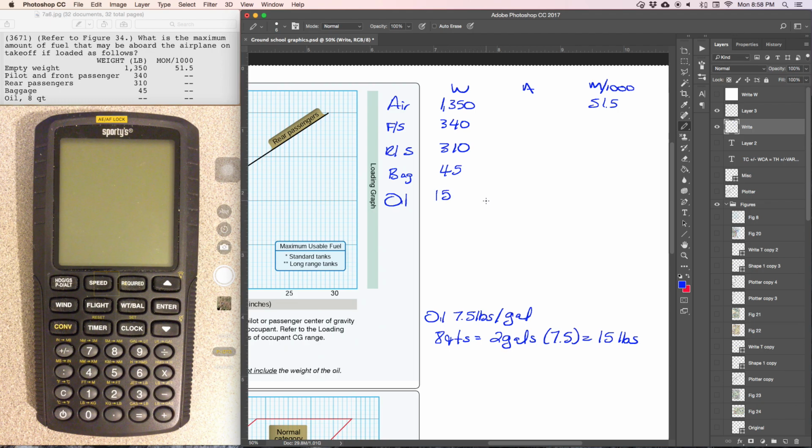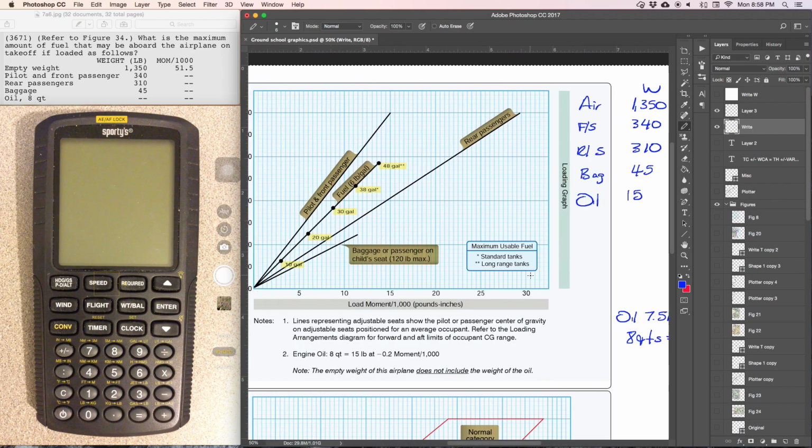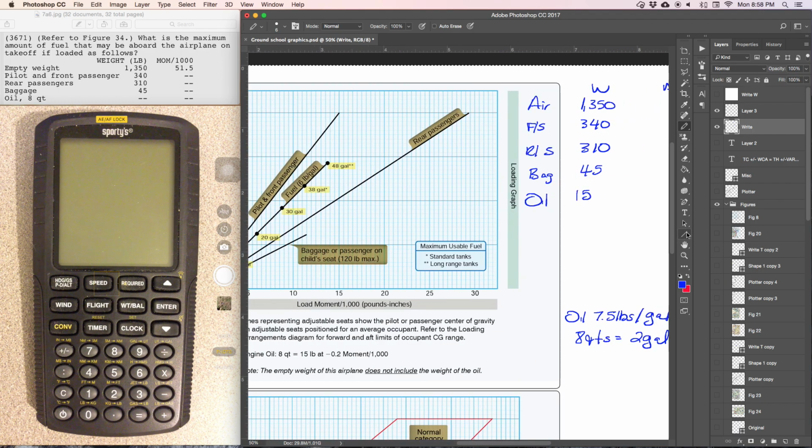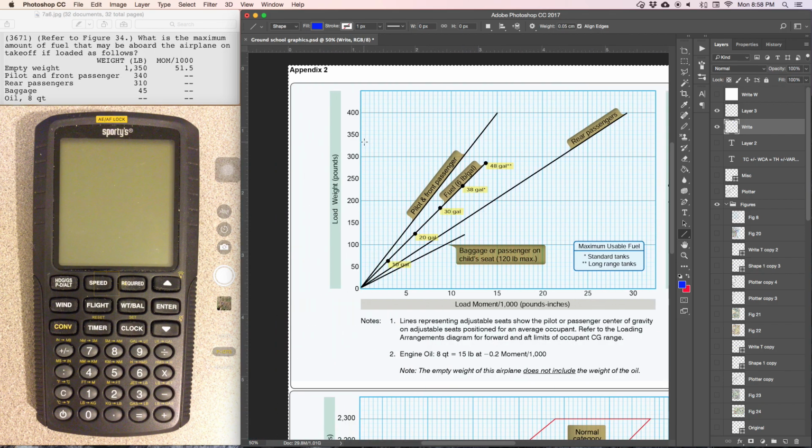Alright, so now we're going to determine the moment for each of these. Front seat is 340 pounds.